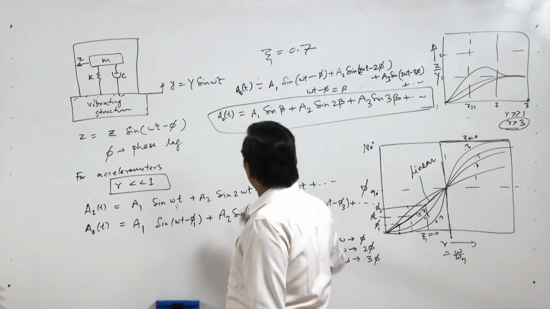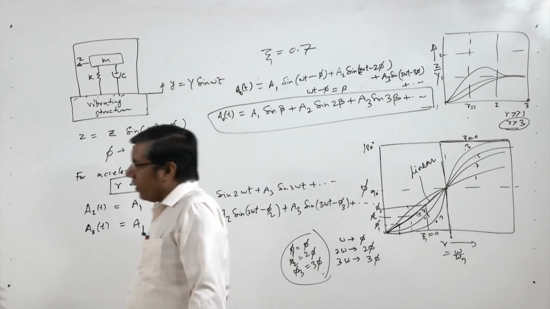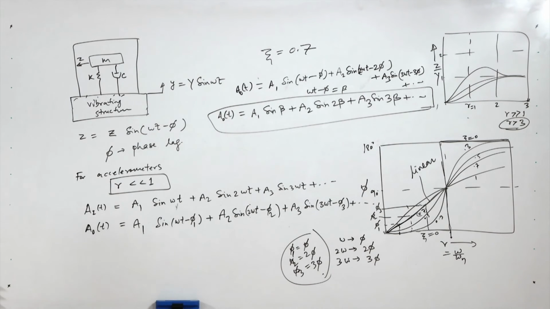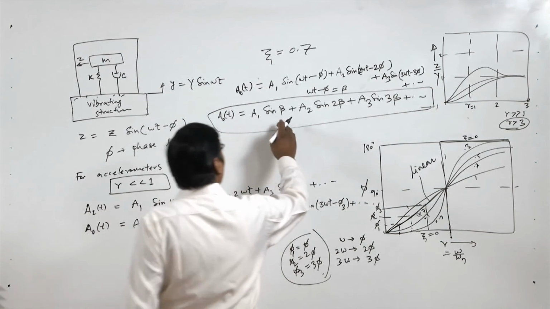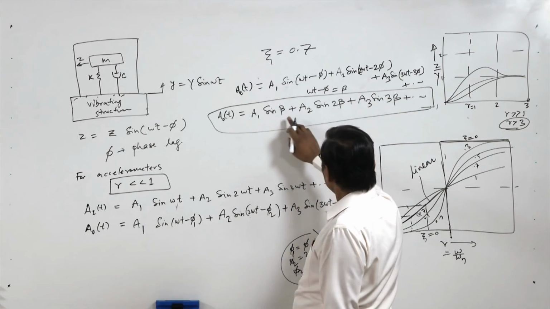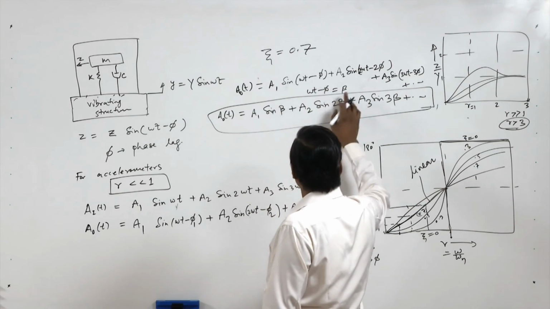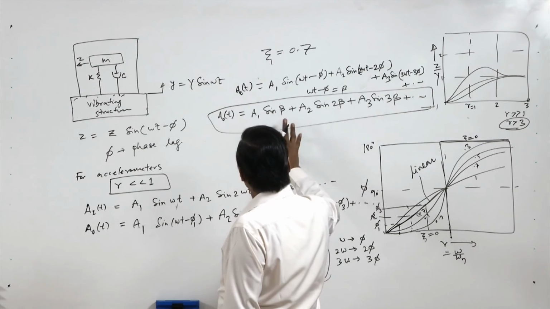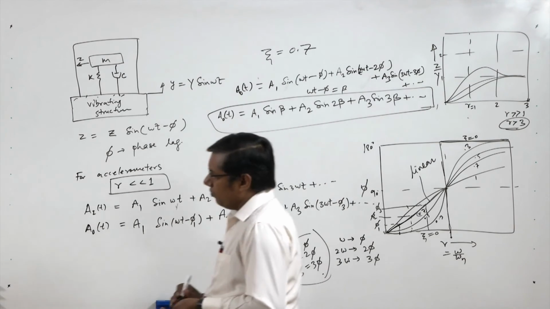So now there is no problem of phase lag. We have solved that problem, and my signals can all start with 0, omega t minus phi equal to 0.